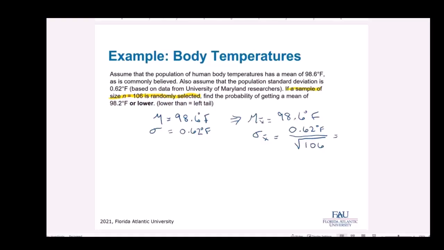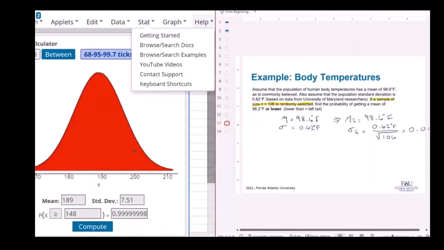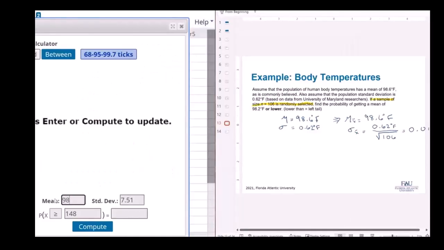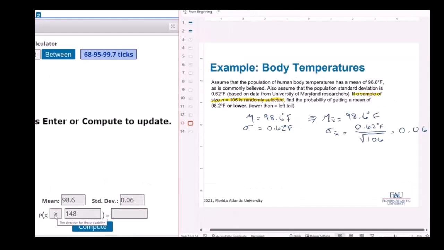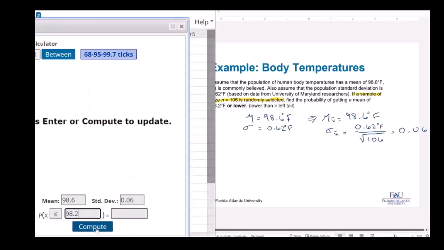That gives me a value of 0.06, and let's change our values. Our mean now is 98.6. Our standard deviation is 0.06. We'll want to find out the probability of getting a mean of less than or equal to 98.2. And we hit compute.